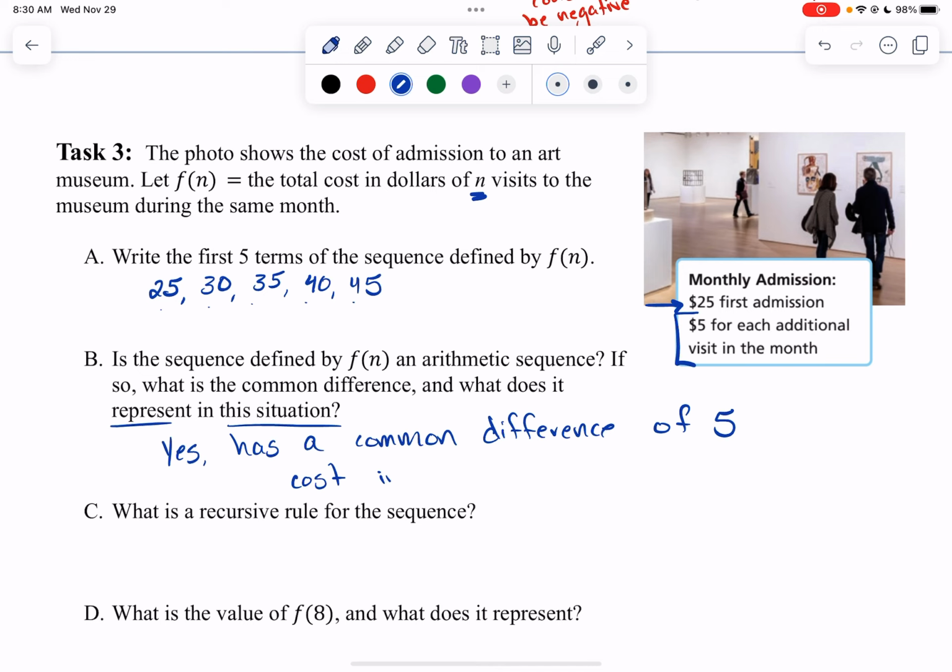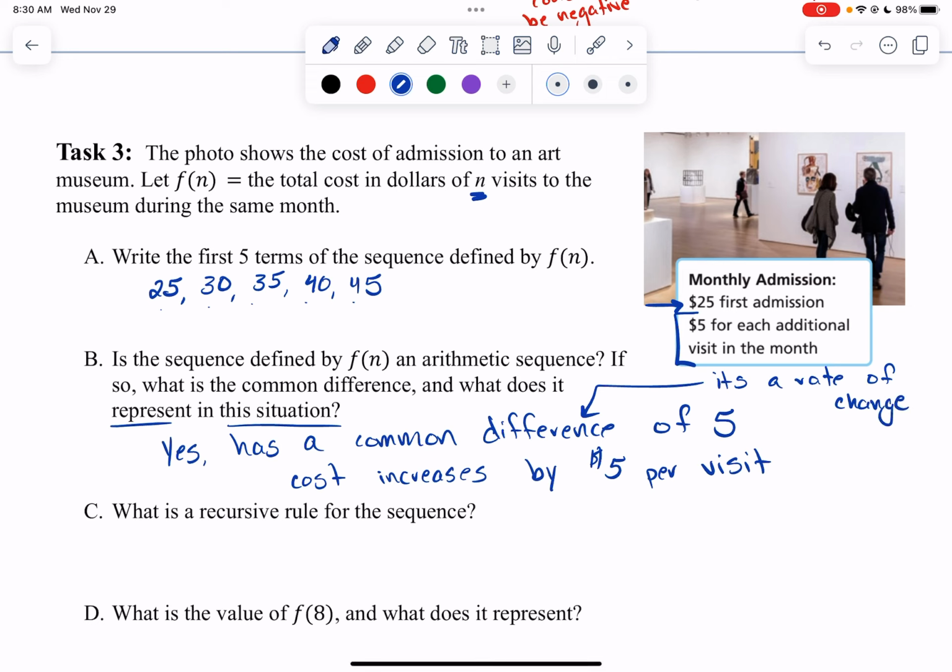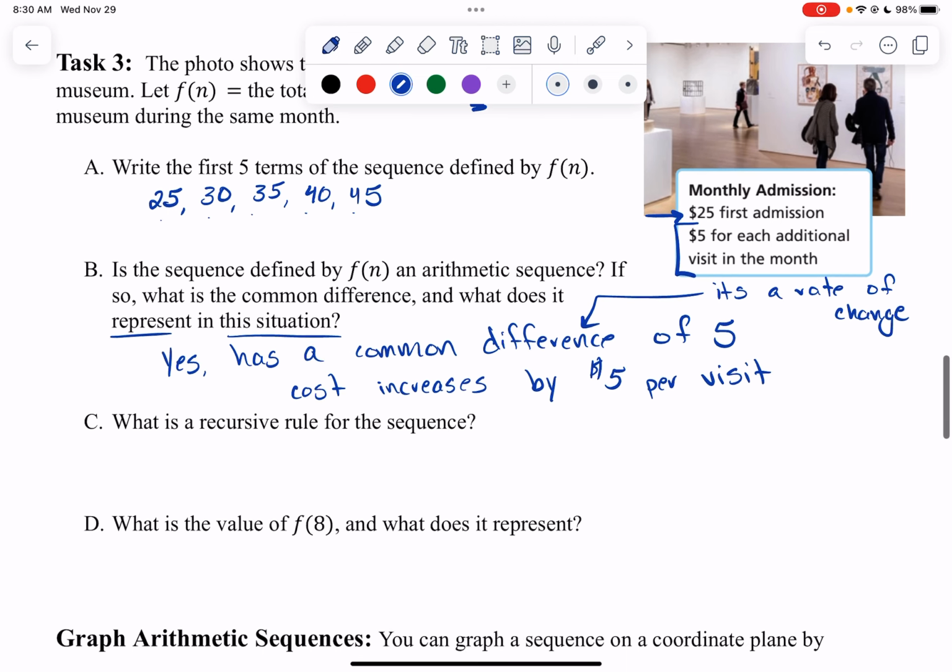The cost increases by $5 per visit. It's a rate. That common difference is a rate. Or even more specific, a rate of change. Okay. So it's that rate of change. It goes up by $5 each time.